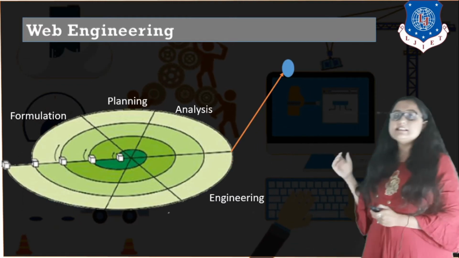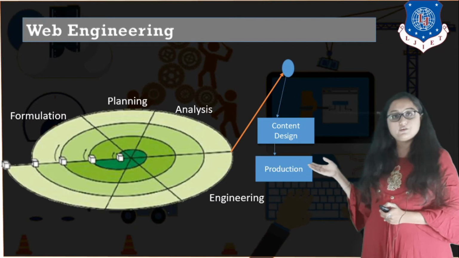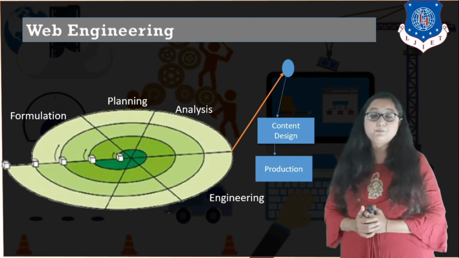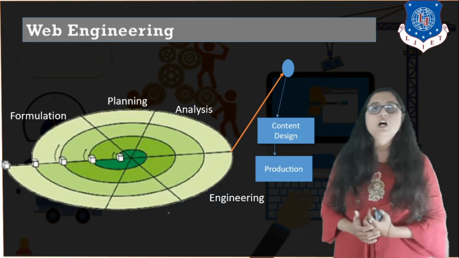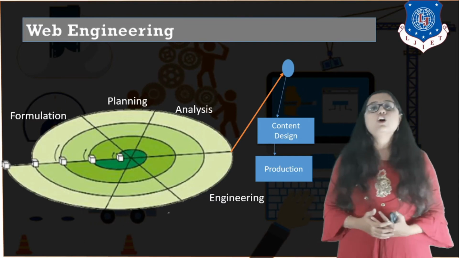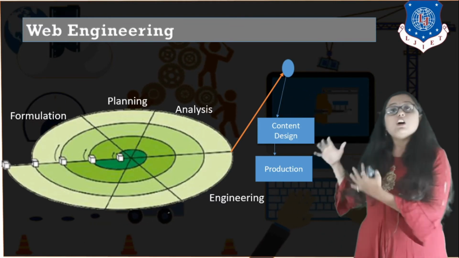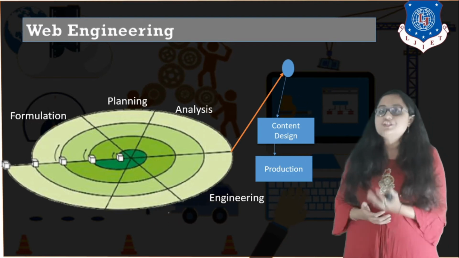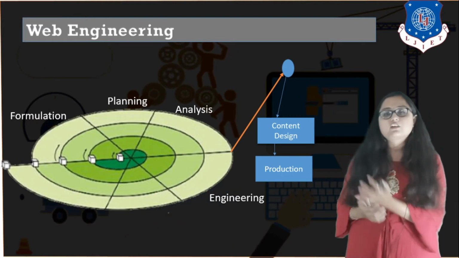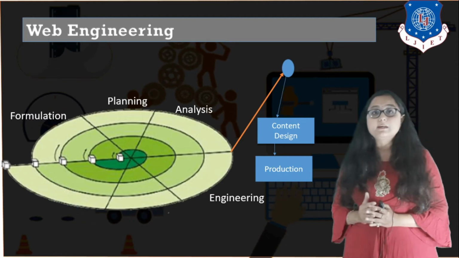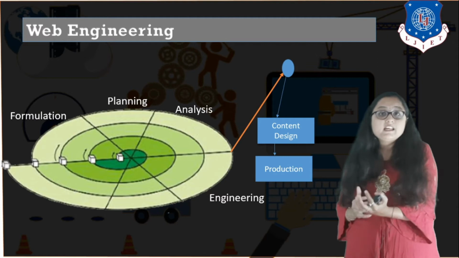So here you can see the first activity that is performed by the non-technical staff is content design and content production. We will appoint some non-technical staff who will write the content for our web application. Also, if there are some images or graphics to be made, they will make them so that the aesthetics or the user interface of our web application is eye-soothing and eye-catchy.